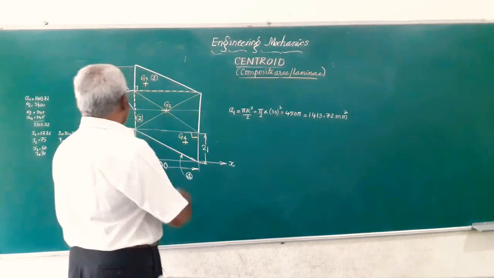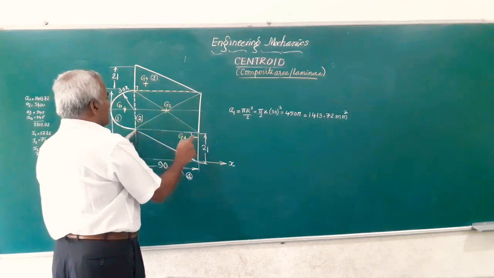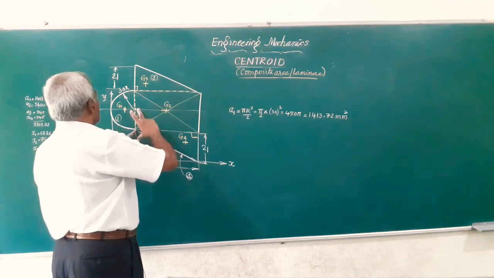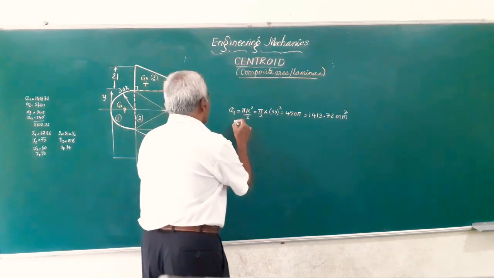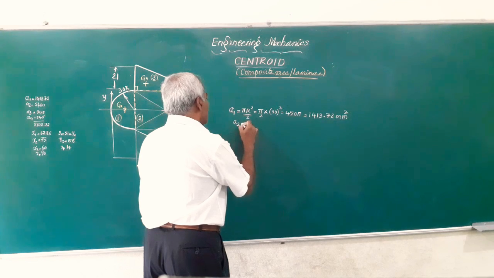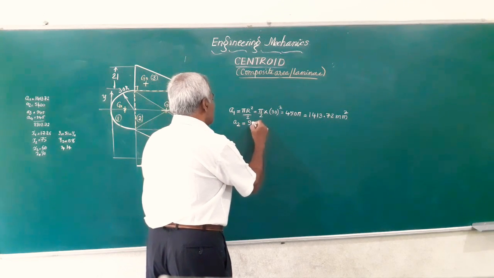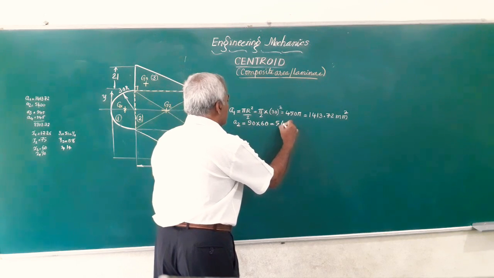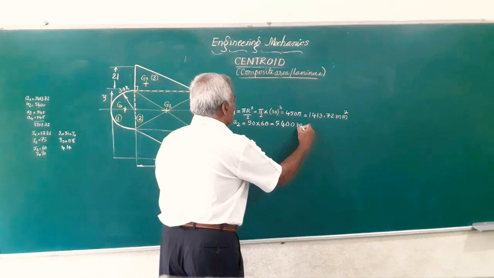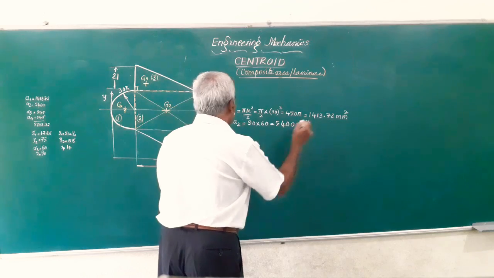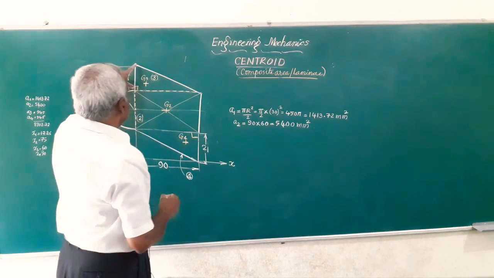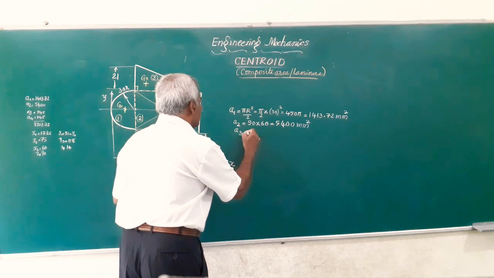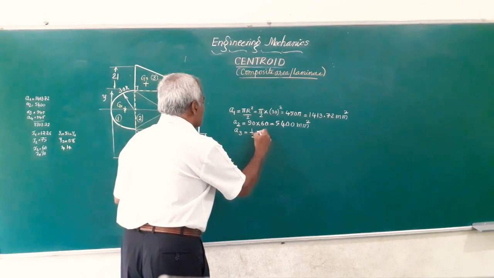Coming to the second figure, it is a rectangle having length equal to 90 and width equal to 60. So area 2 is the area of the rectangle, which is 90 into 60, that is 5400 square millimeter. Coming to figure number 3, it is a right angle triangle, and the area of this triangle is given by half the base into height.